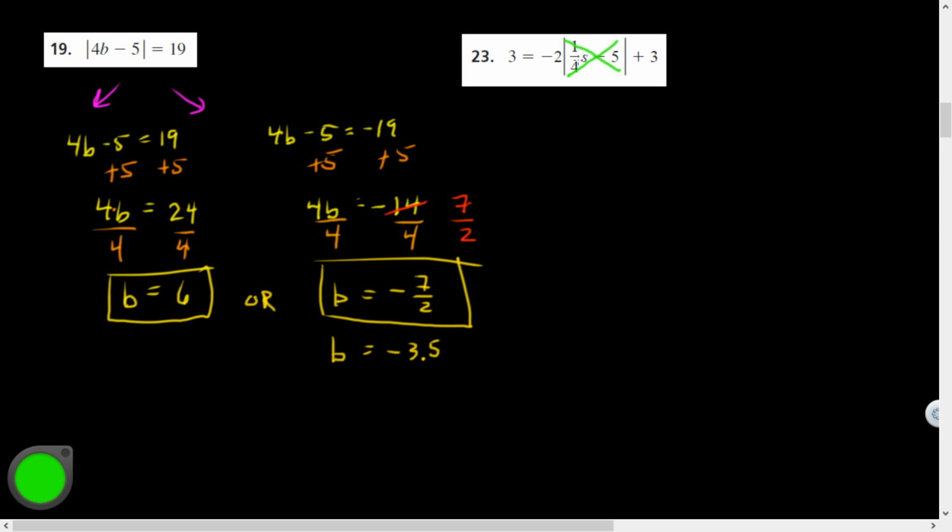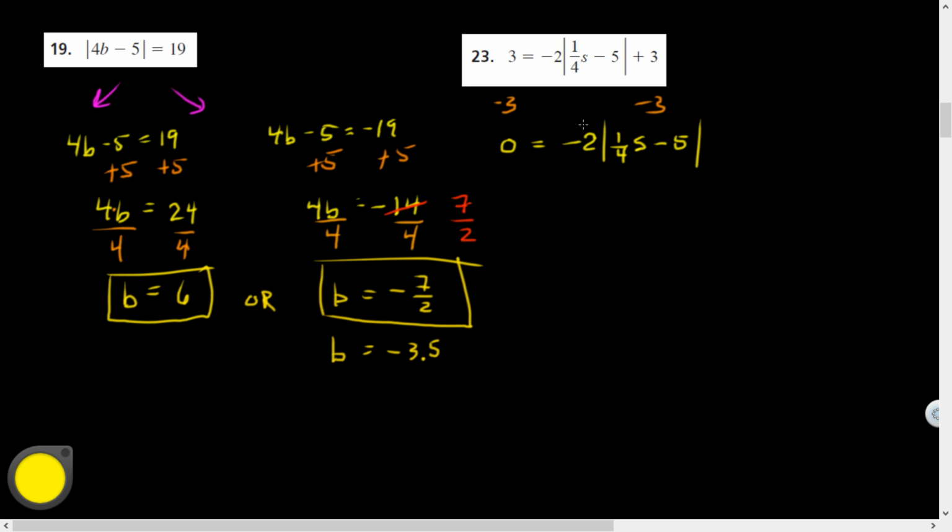Now I've got to get rid of the -2 and the 3. So I would use inverse operations. Here, I'd deal with the 3 first, so I'd subtract 3 from both sides. This one reduces in complexity. That's okay, though. Equals -2 abs val of 1/4 s minus 5.